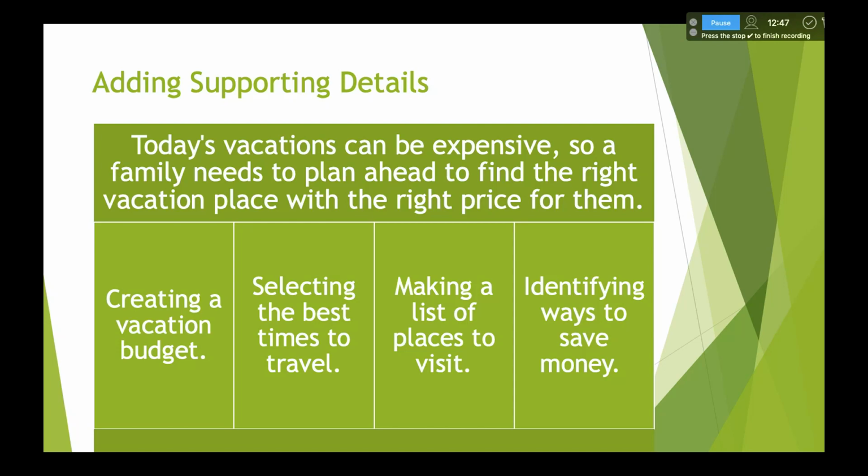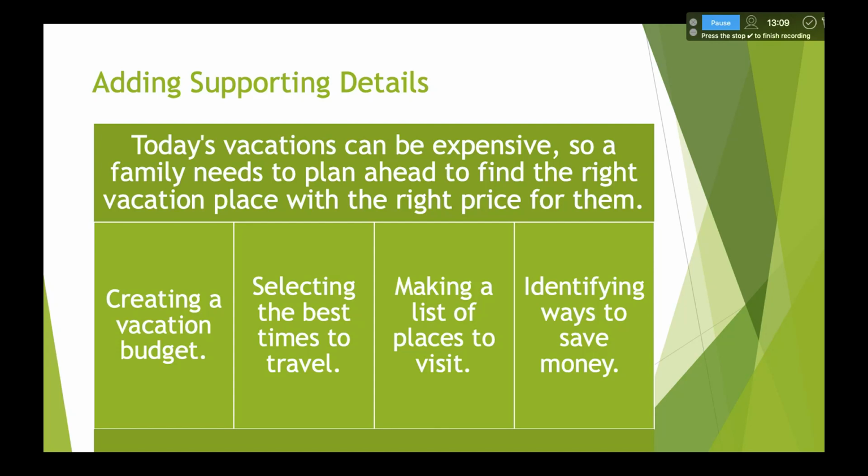Okay, so we're saying that vacations can be expensive, so a family needs to plan ahead to find the right vacation place for them with the right price for them. And here's how I'm going to break that up throughout my essay. I'm going to write about creating a vacation budget in one body paragraph. And then in another body paragraph, I'm going to select the best times to travel.